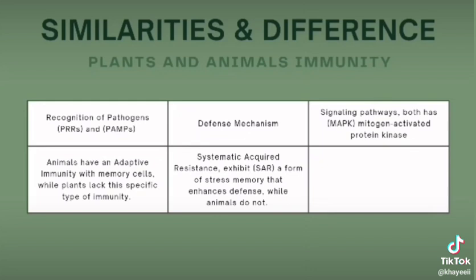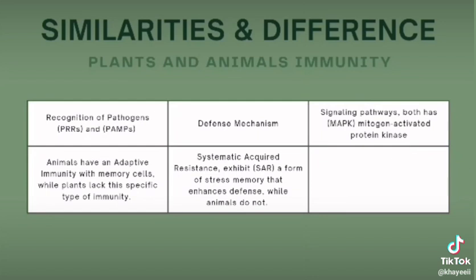A key example for that is the mitogen-activated protein kinase, known as the MAPK pathway, which plays a crucial role in transmitting signals and activating defense-related genes in both plants and animals.